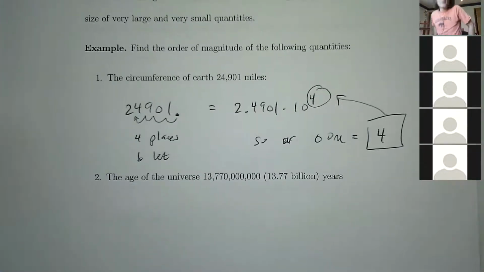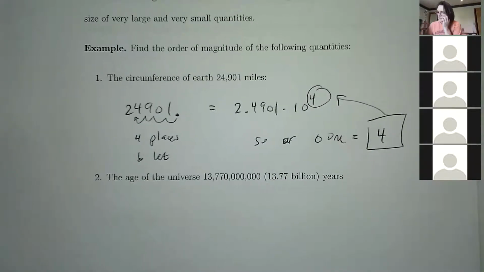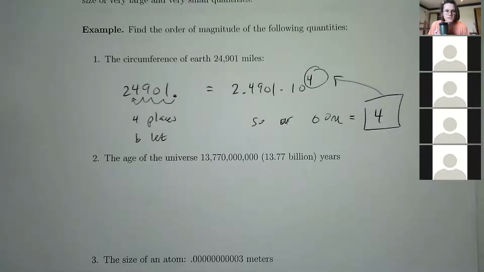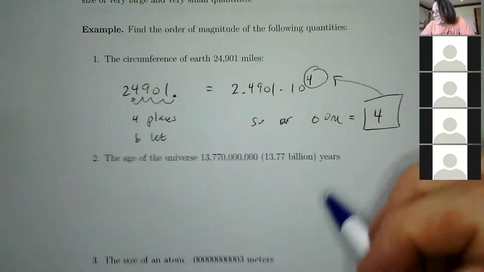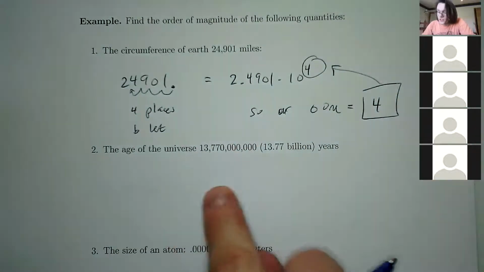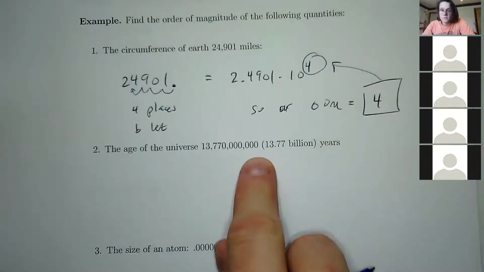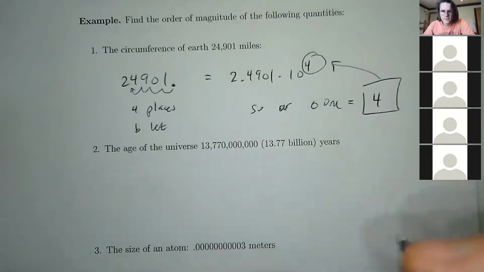All right. So in the grand scheme of things, that 4 is not very big actually. There's this next one here, the age of the universe in years. Strictly speaking, apparently it's 13.77 billion years at its current estimate. I think the Earth is like 4 billion or something. And so let's see what that is in scientific notation. Again, it's another integer, so my decimal point is right at the end.